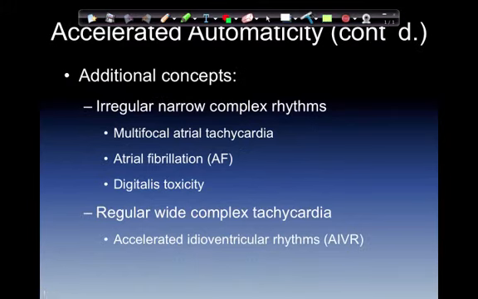Accelerated automaticity continued. Additional concepts: irregular narrow complex rhythms, like multifocal atrial tachycardia. The reason it's irregular is because multifocal atrial tachycardia is coming from multiple locations. Atrial fibrillation is another one, because the atria are fibrillating. Digitalis toxicity can sure get us there. Dig does two things.